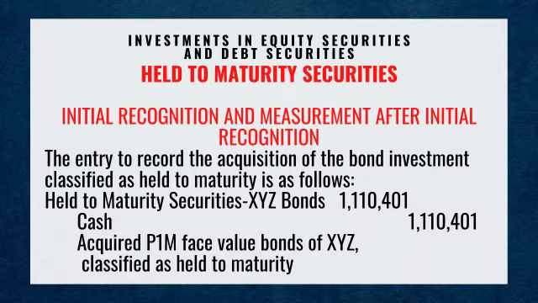The entry to record the acquisition of the bond investment classified as held to maturity is as follows. Debit, held to maturity securities, XYZ bonds, 1,110,401 pesos. Credit cash, 1,110,401 pesos. Acquired 1 million face value bonds of XYZ classified as held to maturity.